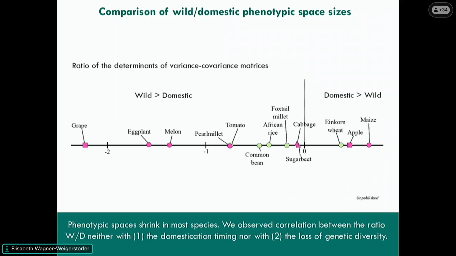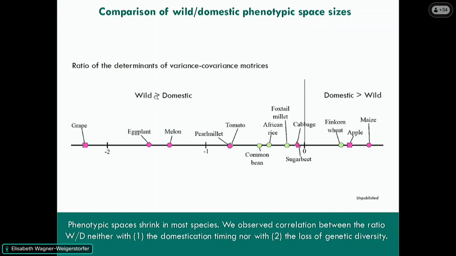Then we wanted not only to rank the species by their level of phenotypic divergence between wild and domestic forms, we also wanted to have an estimate of the phenotypic space of the wild and the domestic form. In order to estimate this, we computed the determinants of the variance-covariance matrix computed on all traits, and we computed the ratio of these determinants.